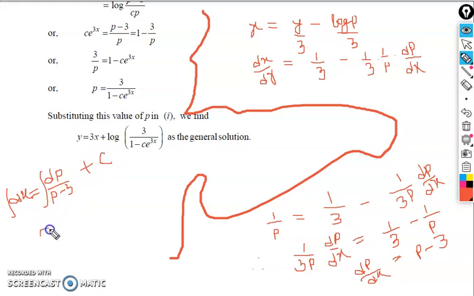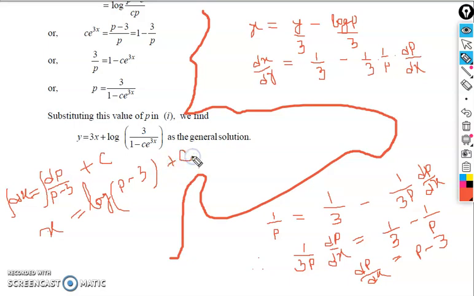So the result becomes x equals log(p minus 3) plus c.